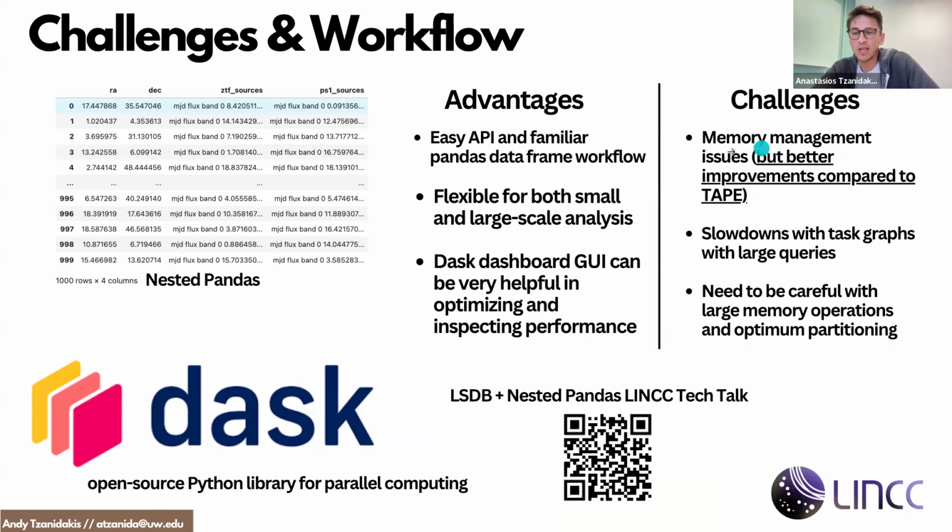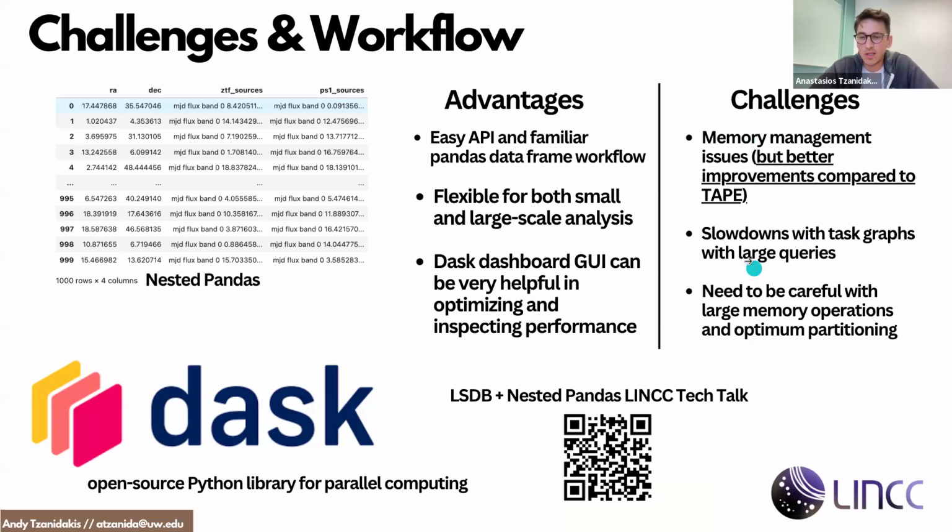And basically what this issue is telling us is that Dask is not really good at managing the memory that it's bringing in. And a lot of times the workers that you are assigning to a large computational task might, for example, die because there are memory leaks happening all the time. And this could be very frustrating in trying to figure out where exactly these bottlenecks in memory are.